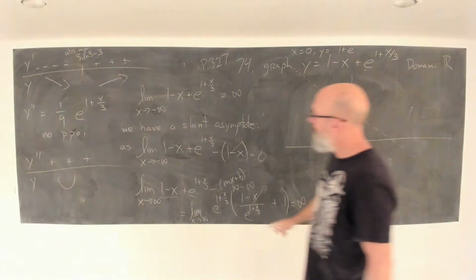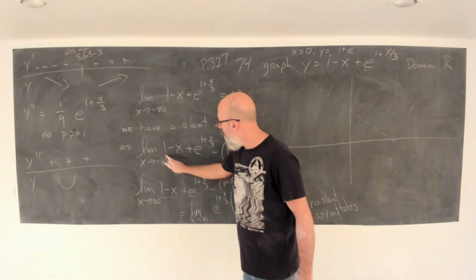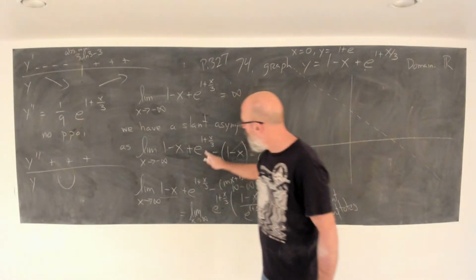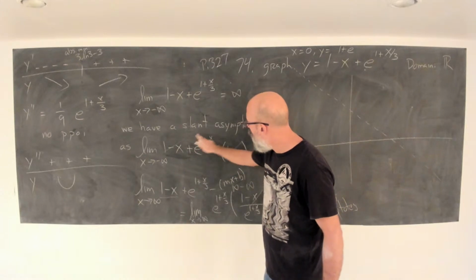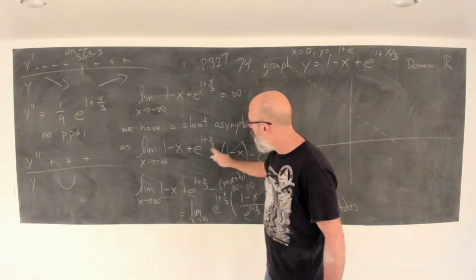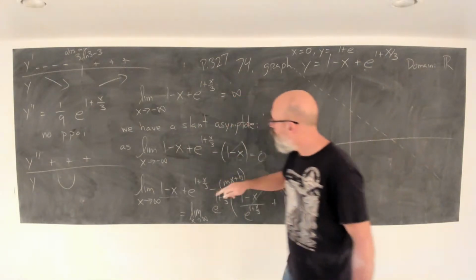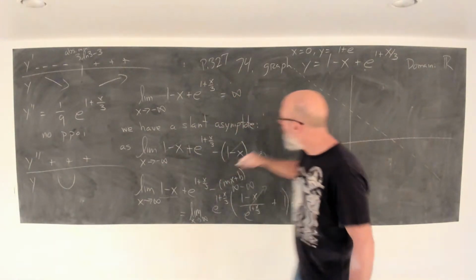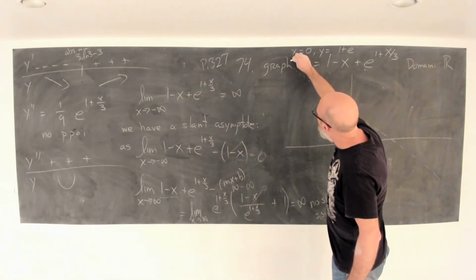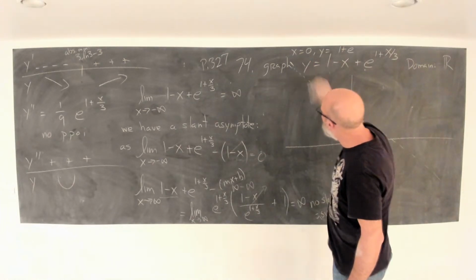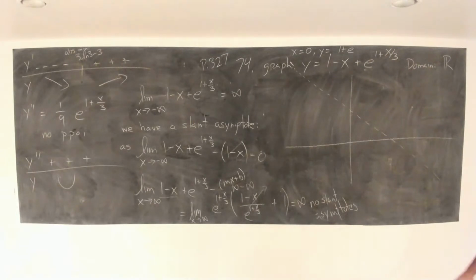And here, for large negative values, the exponential is always bigger than 0. So you're just slightly bigger than this. So we're starting at infinity, but just slightly above that line.